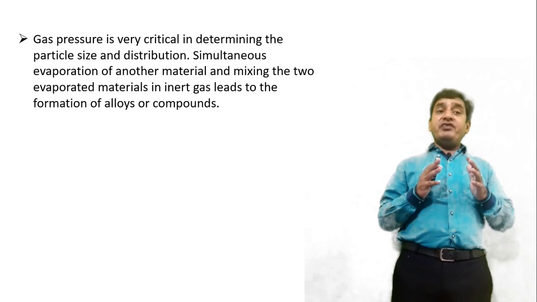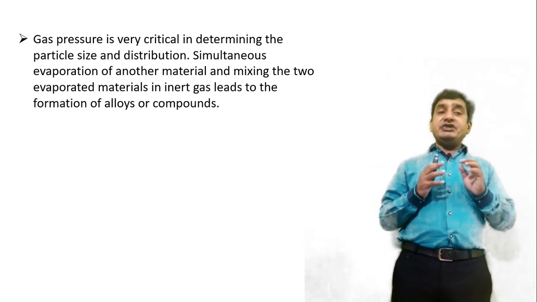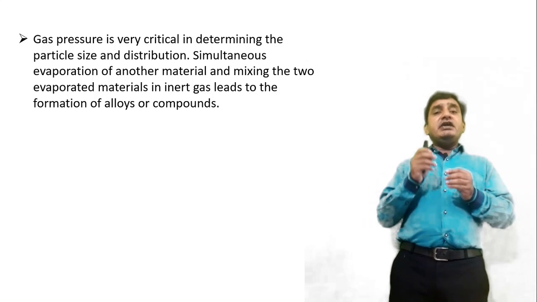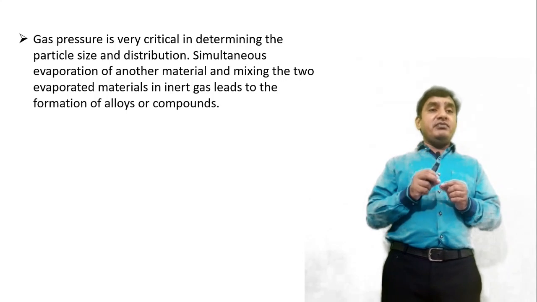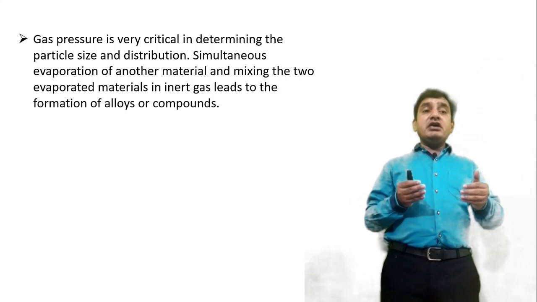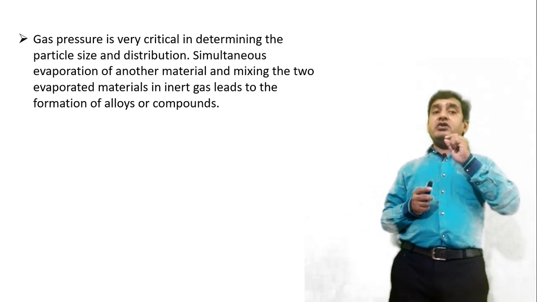Gas pressure is very critical in determining the particle size and distribution. The particle size deposited in the thin film and the distribution of the particles, here the vapor pressure plays a very important role.